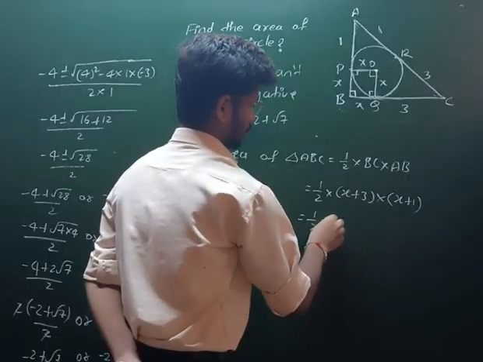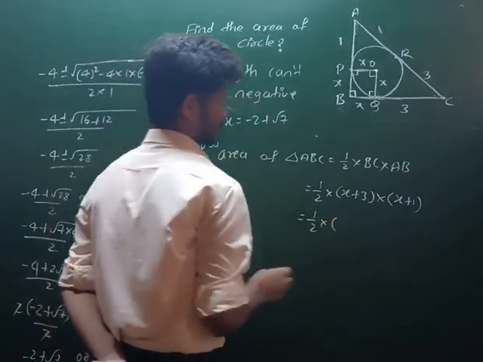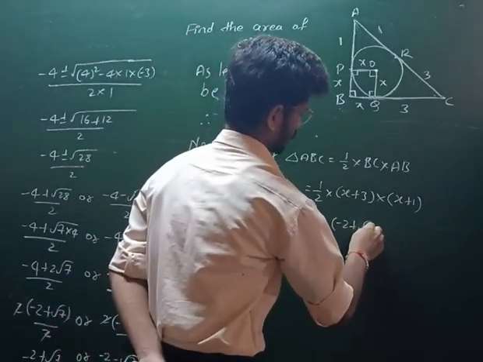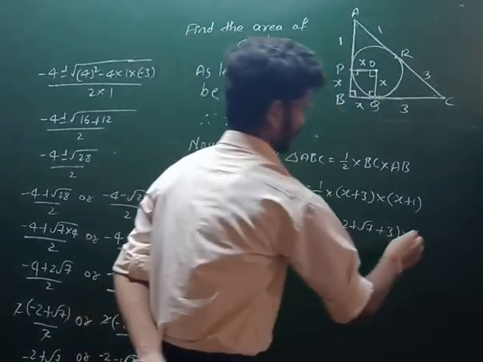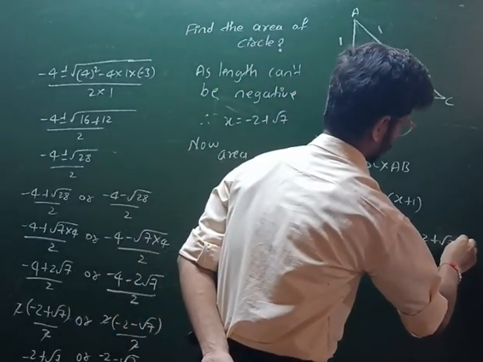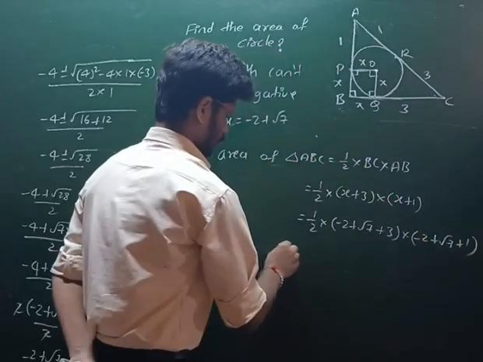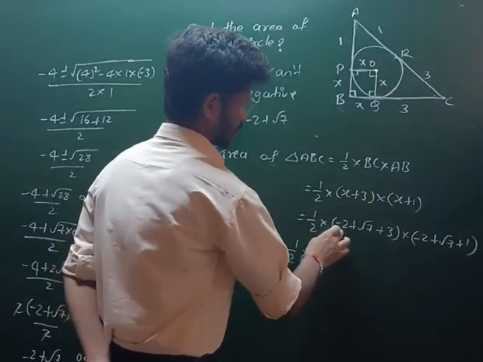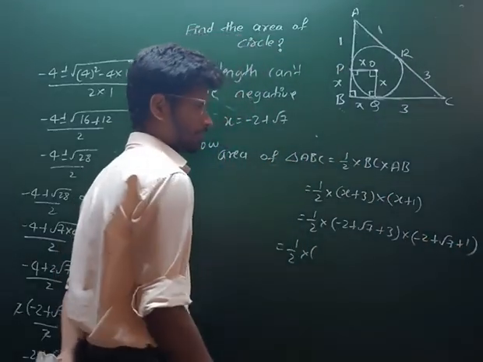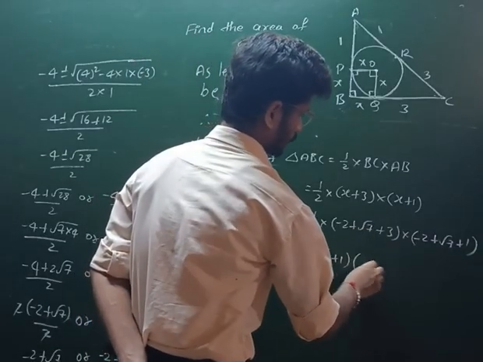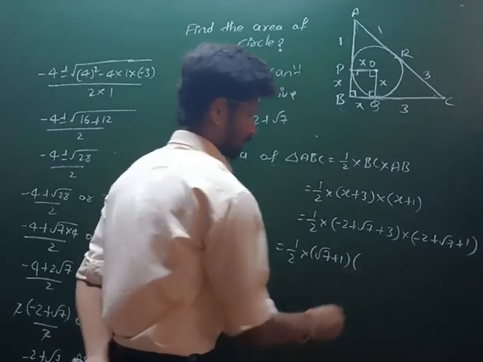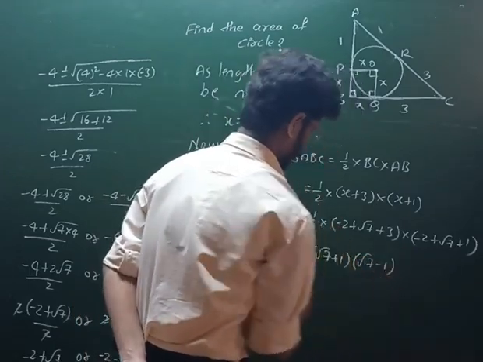So half into (−2 + √7 + 3) into (−2 + √7 + 1). That is half into (√7 + 1) into (√7 − 1).